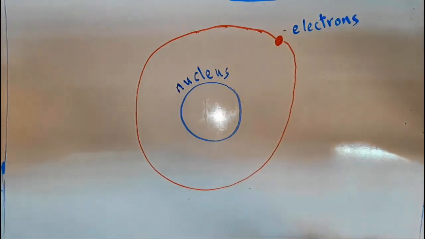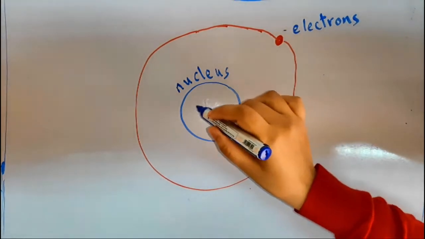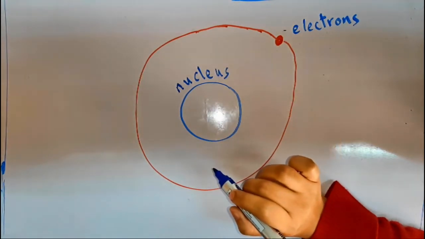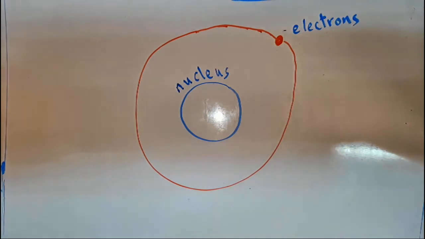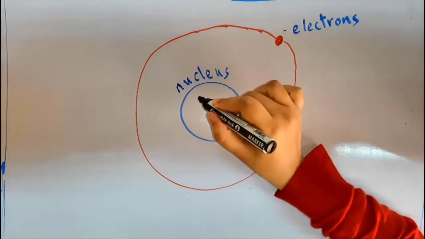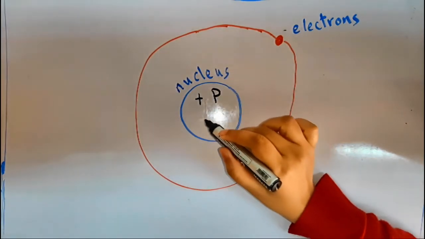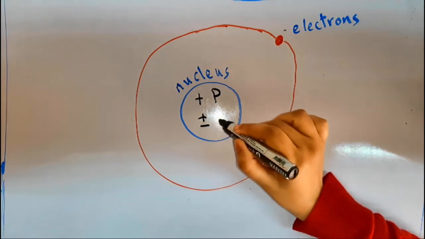The nucleus is the central core of the atom. It is in the middle, or as I said, in the center. The nucleus consists of two particles: positive protons and neutral neutrons.